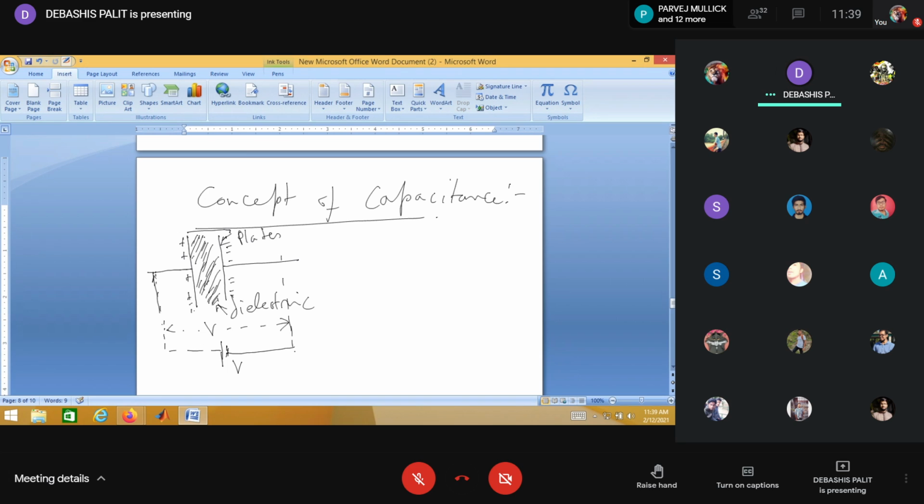And when charging is there, positive charge is stored here and negative charge is stored here. So there is a flow of charge in the capacitor. When the discharge is there, then the positive charge flows, just like a battery. The stored charge flows to a circuit.